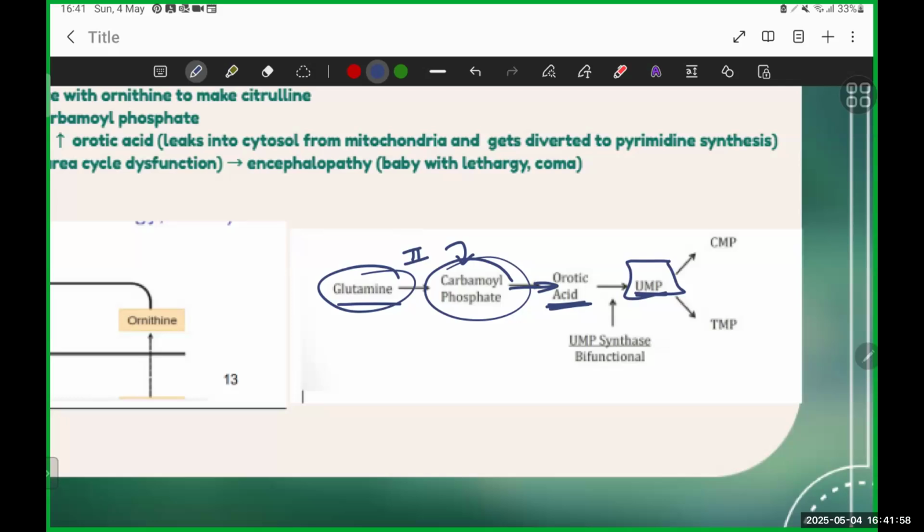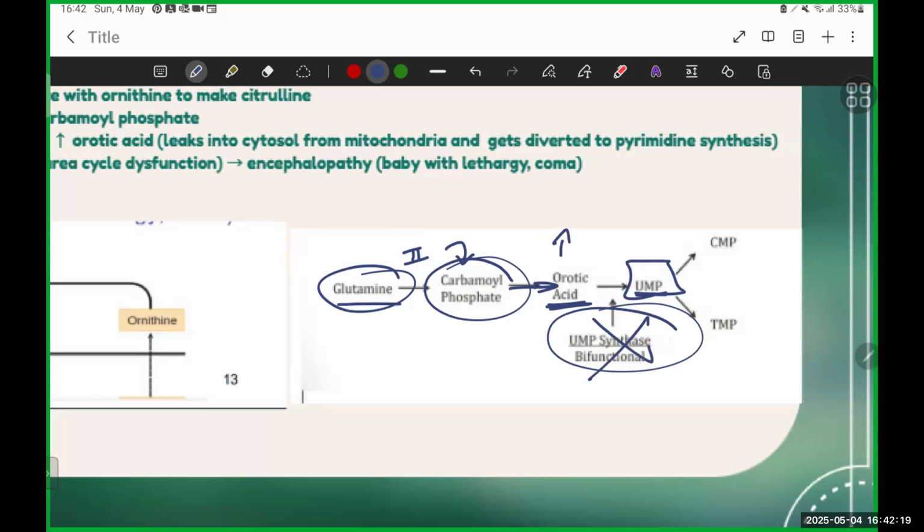To form UMP, you need something called UMP synthase. Now, there is one problem with UMP synthase. If you have no UMP synthase, you have orotic aciduria. We just went over it, obviously.